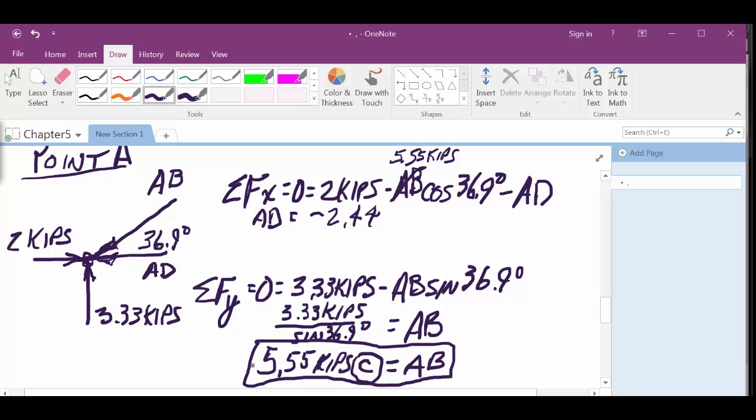Uh-oh. I didn't do that on purpose. But I didn't know, did I? Did I not tell you it was just kind of a guess? Yeah. So it's negative 2.44. I didn't do it on purpose, but it sure did work out that way. Which means then that AD equals 2.44 kips tension.